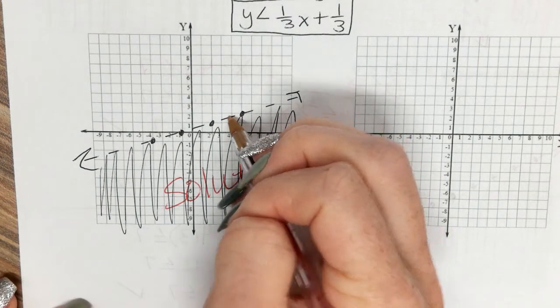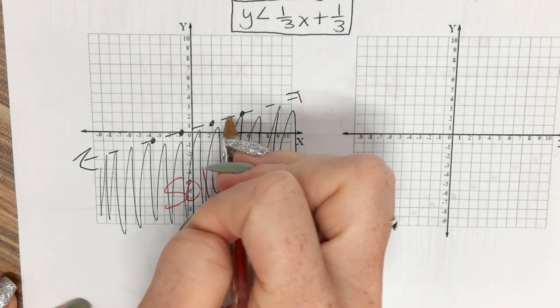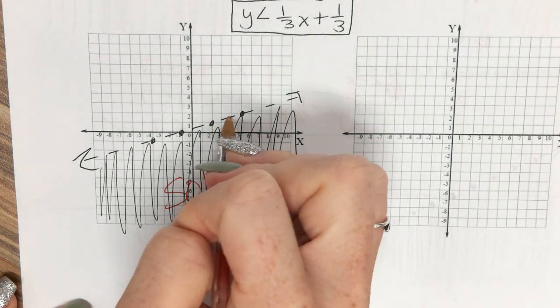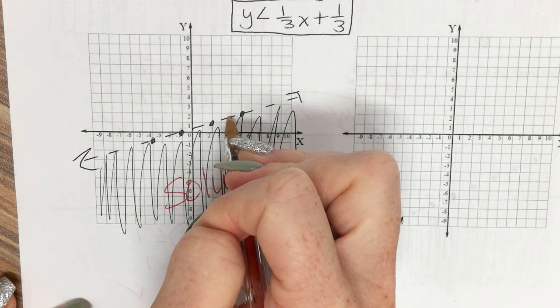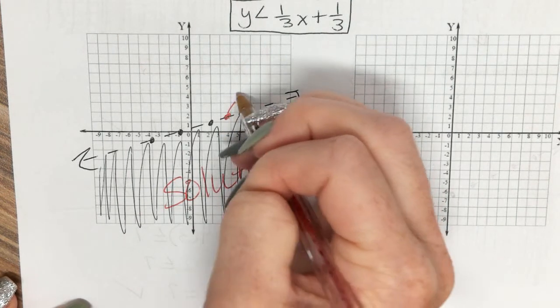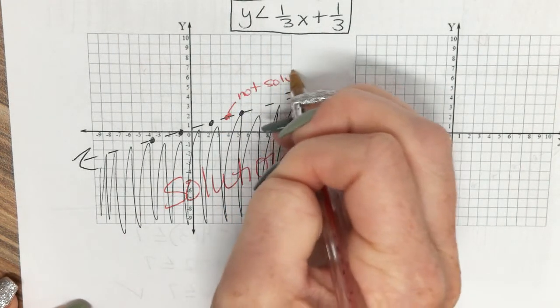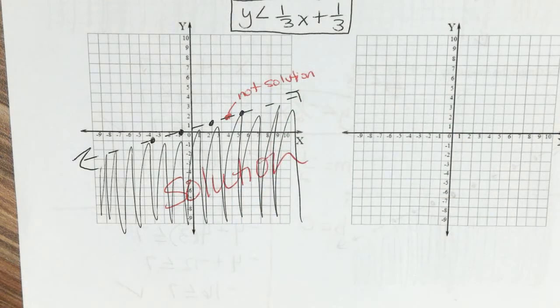Would this be a solution? Yes. Is this solid or dashed? So would this be a solution? No. This right here is not a solution. If it falls on a dashed line, it's not part of the solution. If it falls on a solid line, yes, it is part of the solution.